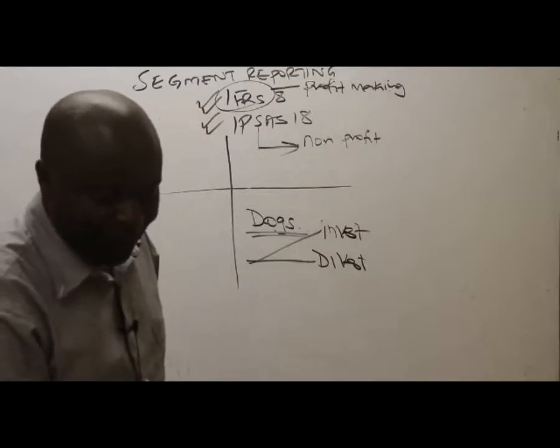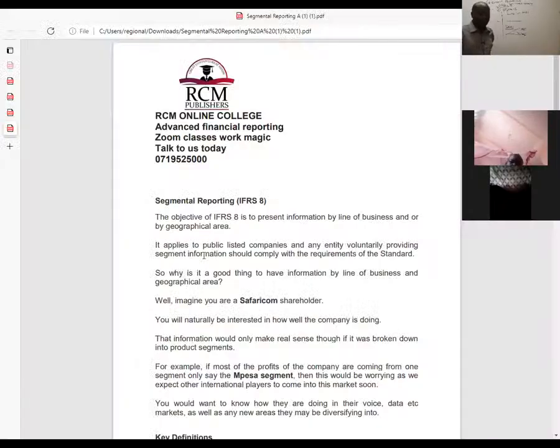Great. Now, ladies and gentlemen, here we are. We are saying that the objective of IFRS 8 is to present information by line of business and or by geographical area. It applies to publicly listed companies, and any entity voluntarily providing segment information should comply with the requirements of the standard.